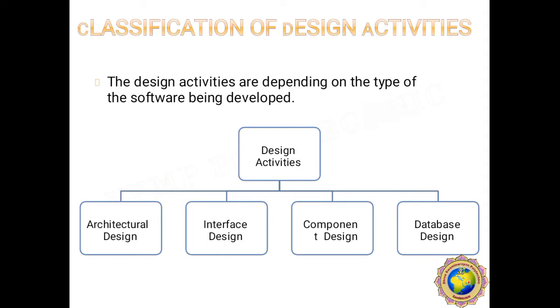So first of all, design activities are classified as, first, architecture design, then second, interface design, then third, component design, and fourth, database design. So here there are totally 4 types of design classified as design activities.